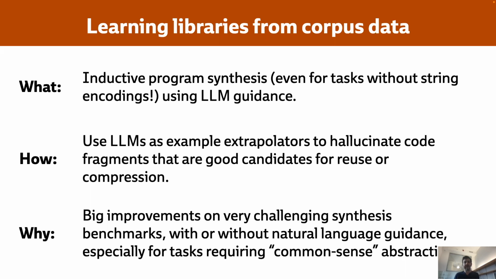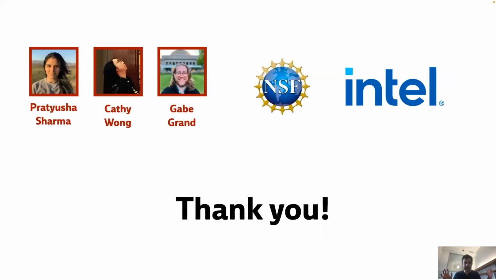Using this hallucinated code, we were able to identify the reusable abstractions in a given domain, pull them out, add them to our library, and make our search problem easier. By doing this, we can do well on standard program synthesis benchmarks, especially when the things our synthesizer needs are common sense abstractions like vowel that you would learn from looking at a bunch of real code, but would never invent on your own. And with that, I will wrap up there.